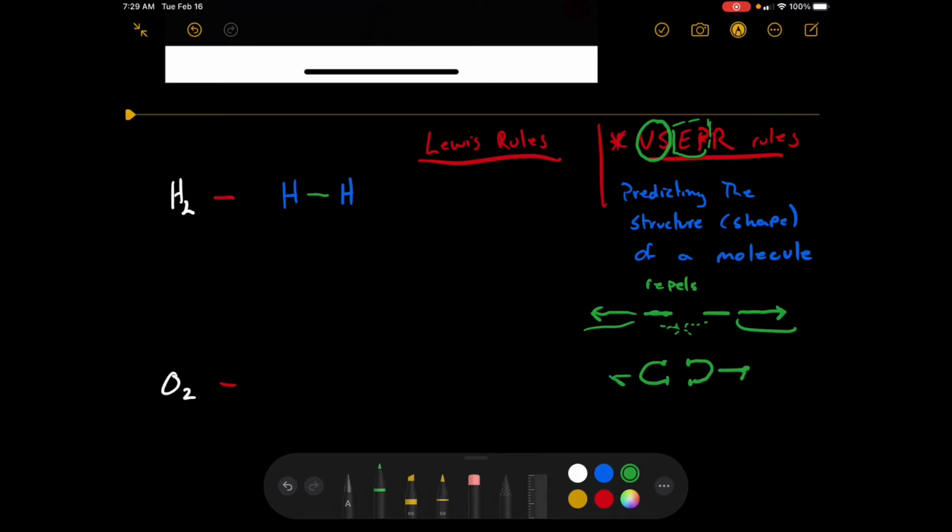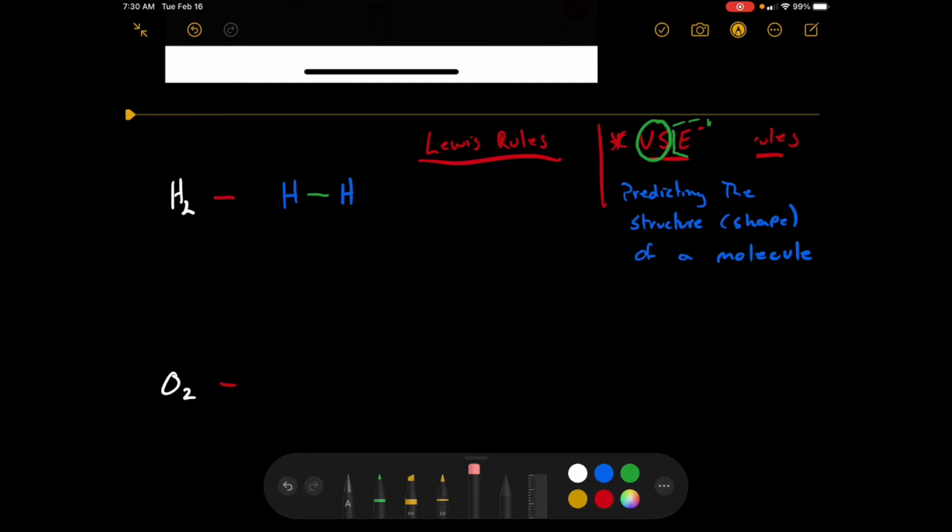It's not going to attract. Like repels, unlike attracts. Okay? So remember that. So we have valence shell, outermost electron pairs, and it's talking about repulsion. It's repelling each other.